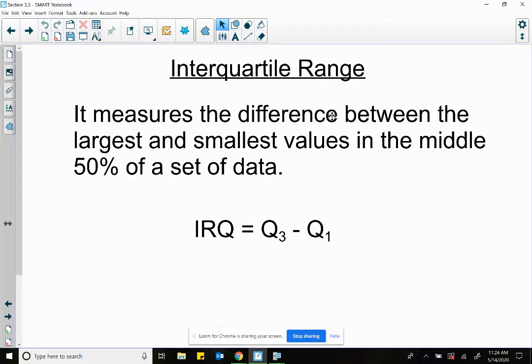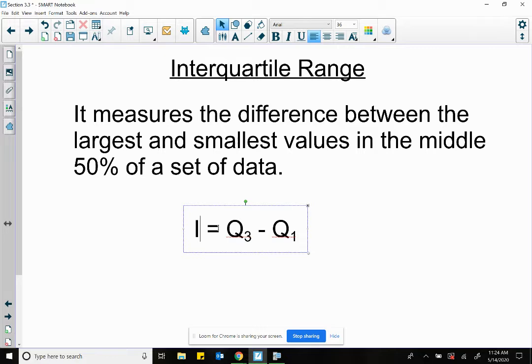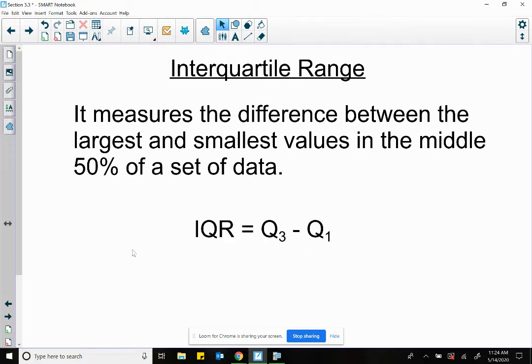So to talk about variability, we're going to talk about what we call the interquartile range, the IQR. It measures the difference between the largest and smallest values in the middle 50% of the data.